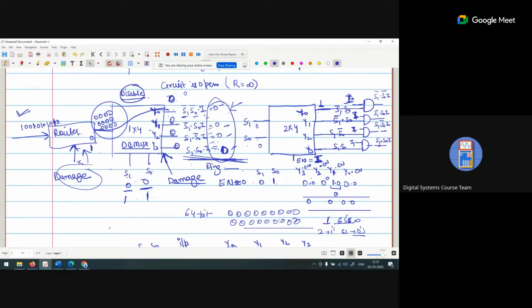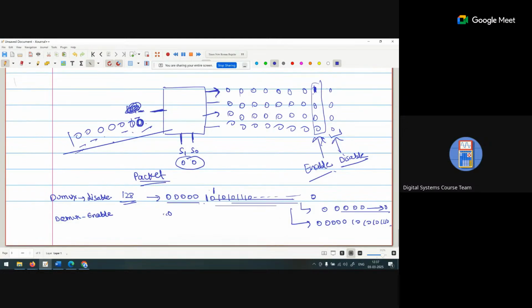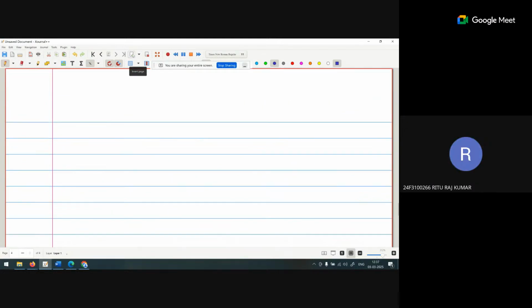Then my doubt is... Repeat your question. Sir, here, what value do we give in the input part? In the demux. Yes, at the demux part. Whatever value we give doesn't decide which pin gets enabled in the output. A pin gets enabled in the output only depending on the selection line we choose.